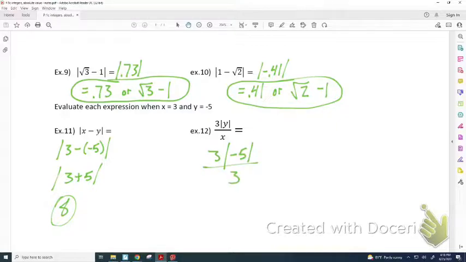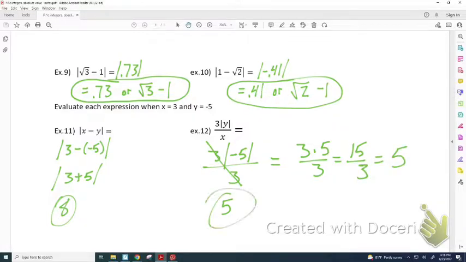The fast way, you could cross out the 3's, and you're left with 5. You could do that in your head. Another way, you could go 3 times 5 over 3, so you get 15 thirds, which equals 5. Either way, it's 5. I hope that made sense.